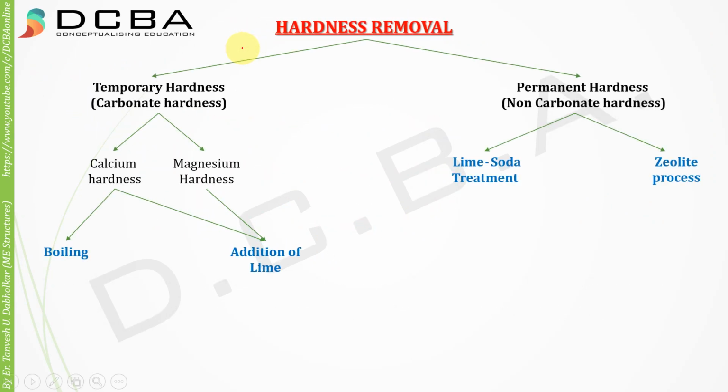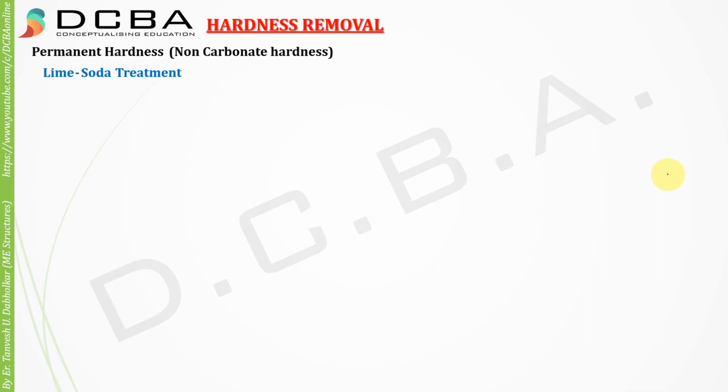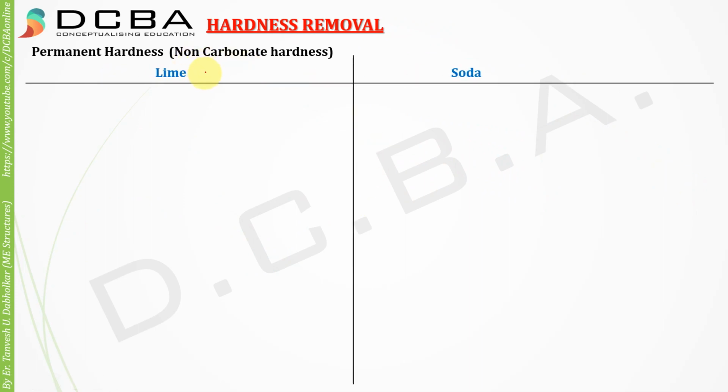So what is used when permanent hardness is there? Lime soda treatment and the zeolite process. Let us first concentrate on the lime soda treatment and see what different reactions lime and soda both produce. Lime, you already saw what it is. Lime is generally the hydrated lime which I just told you.